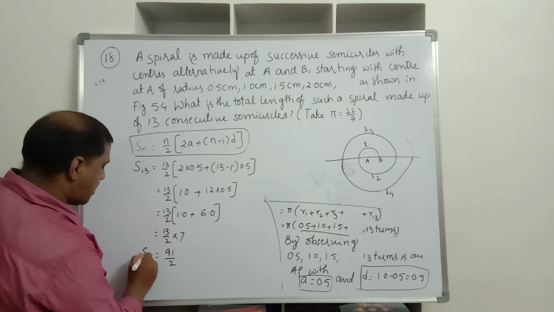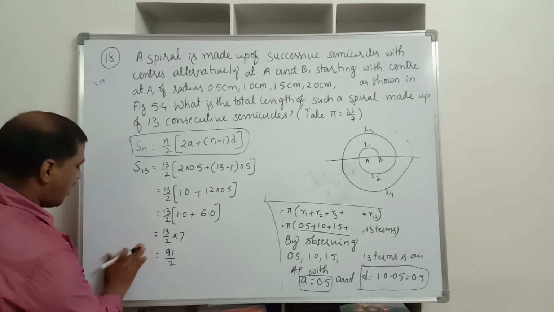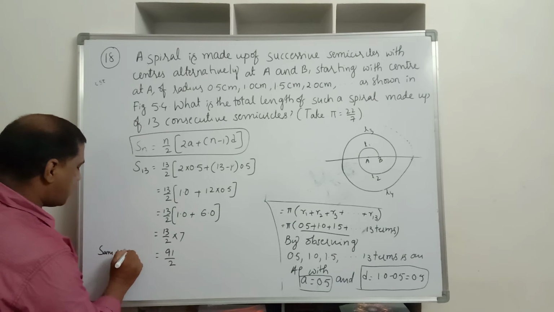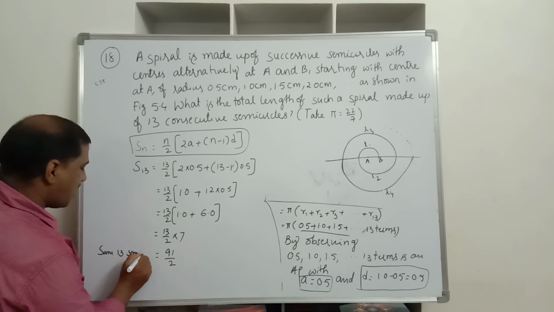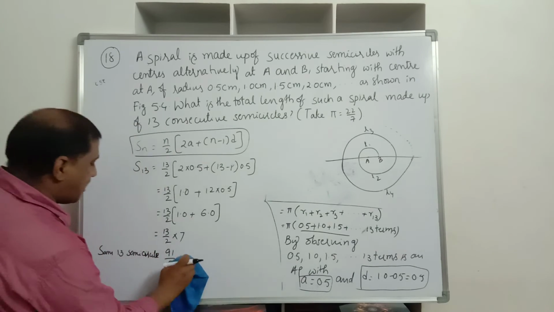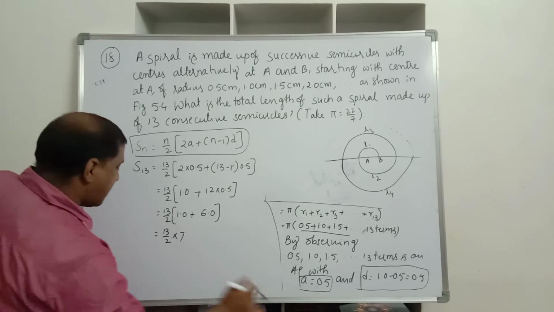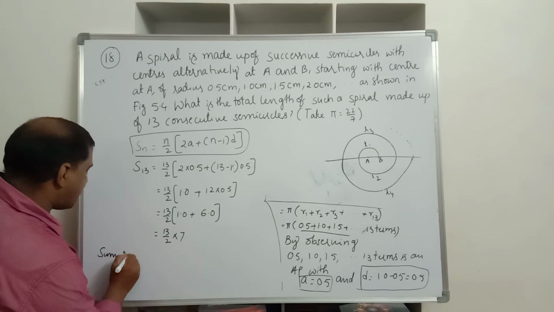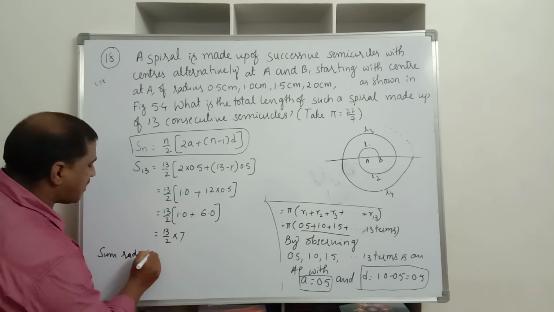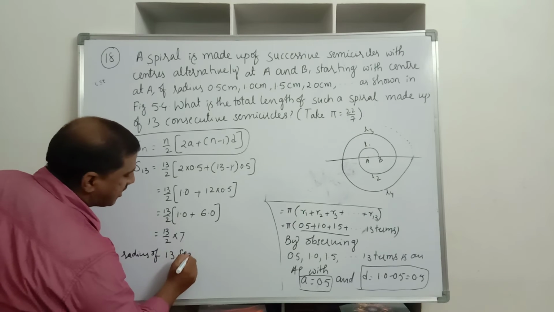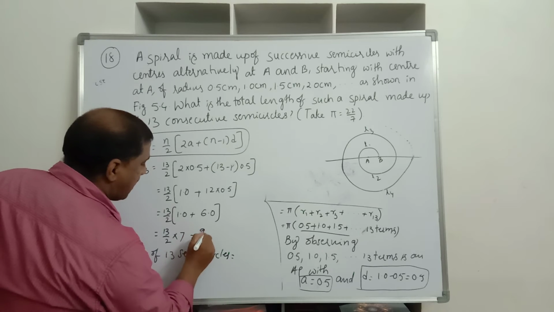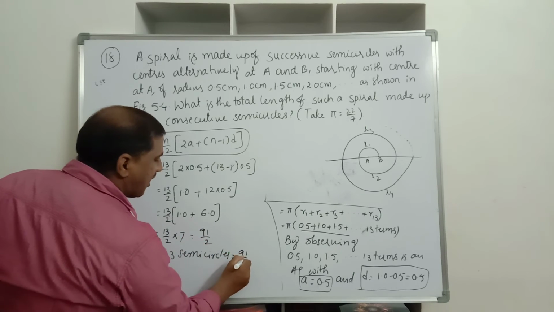So what is this? This is the sum of the radii of the 13 semicircles, which is 91 by 2 centimeters.